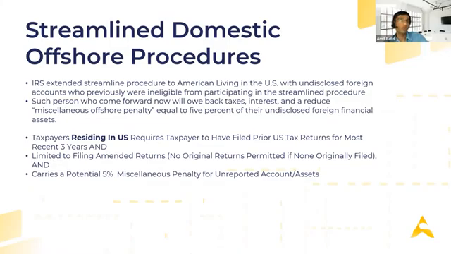And under the domestic offshore procedure, it is not without penalty, but with a very minimal penalty of just 5% of the unreported foreign accounts and assets. So if you are living in the US, it's not completely clean without anything. You will end up paying a minimum 5% penalty on the unreported assets.